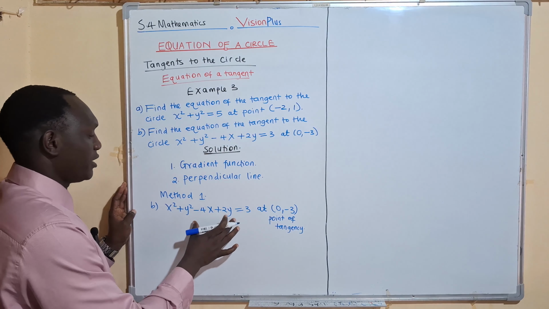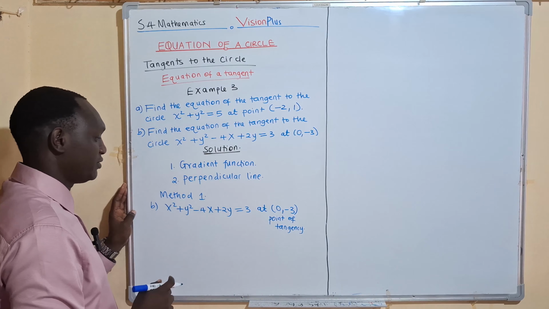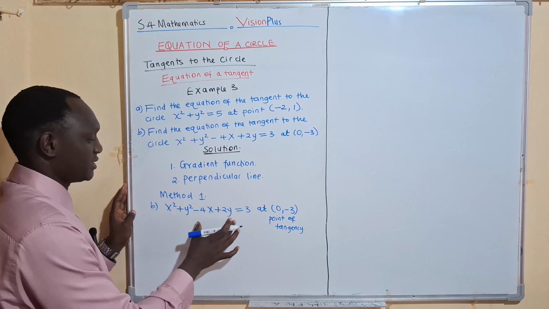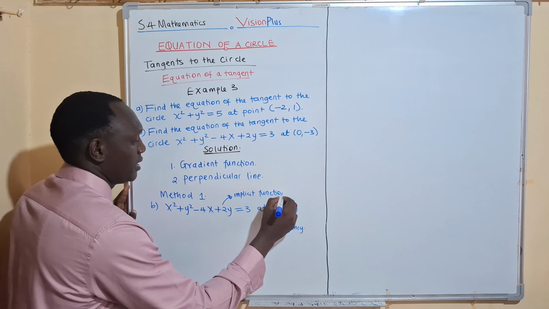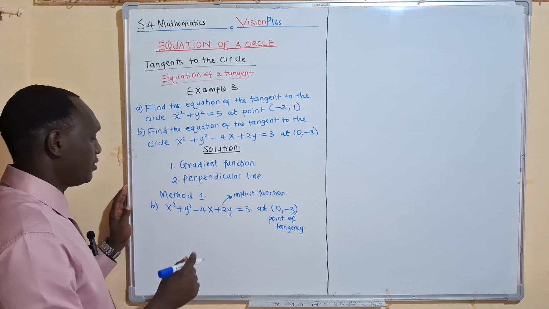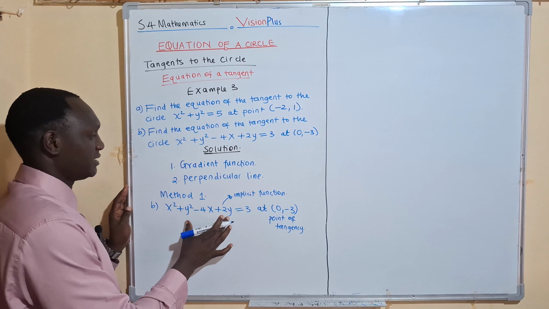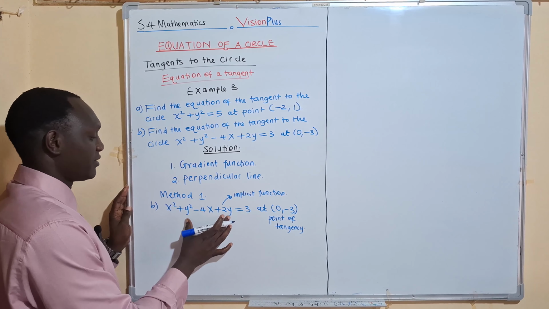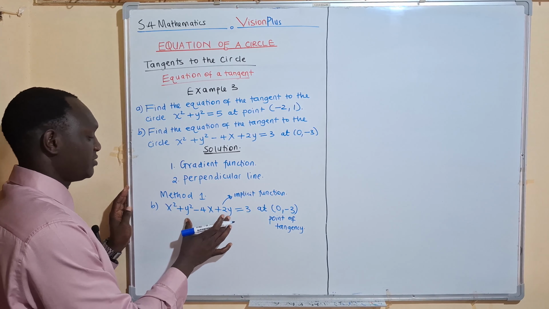So when we are using the method of gradient function, we treat the equation of the circle as an implicit function. So what do we do here? We are going to differentiate the equation of the circle with respect to x.